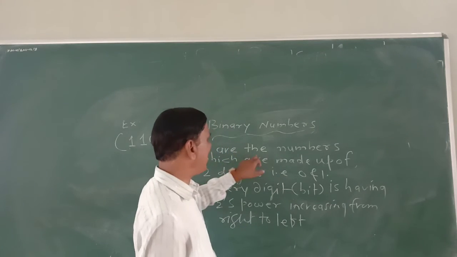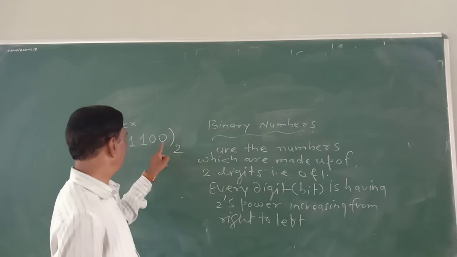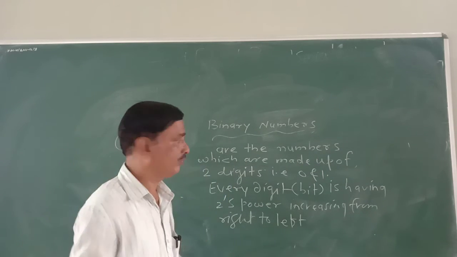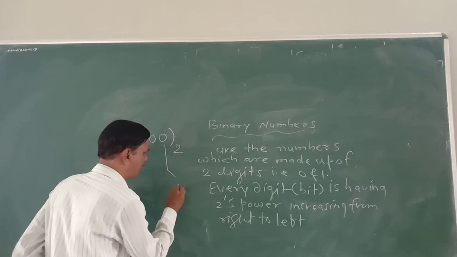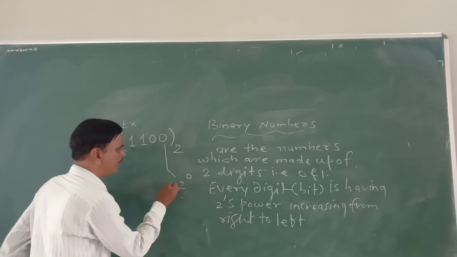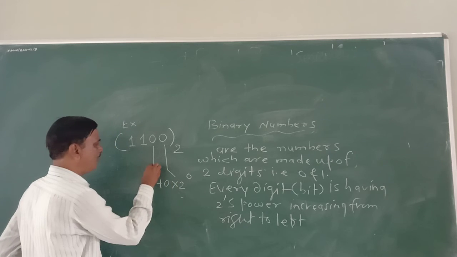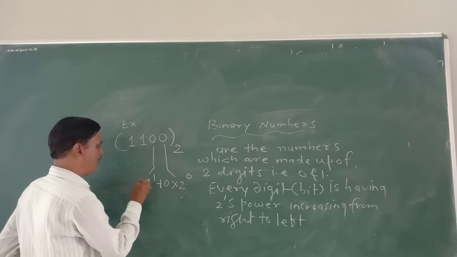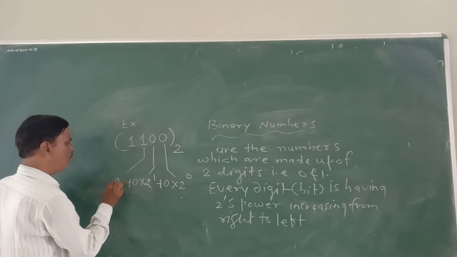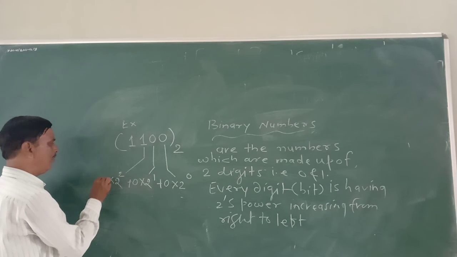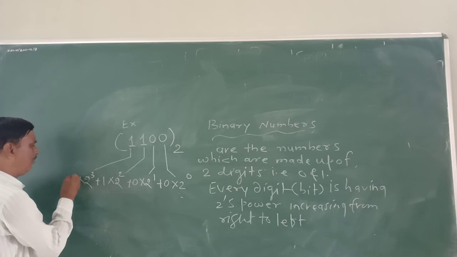So binary numbers are made up of binary digits, and every digit has a power of 2. This will have 2's 0 power multiplied with 0, this 2's first power multiplied with 0, this 2's second power multiplied by 1, and this 2's third power multiplied by 1.